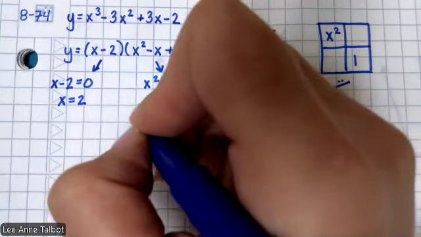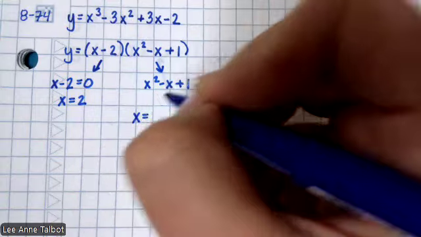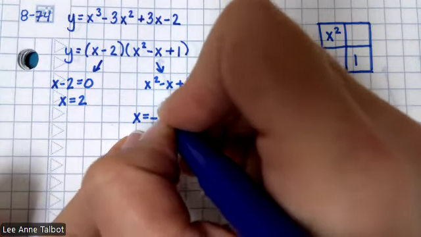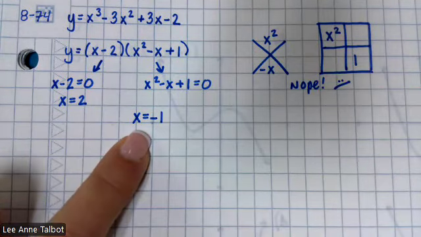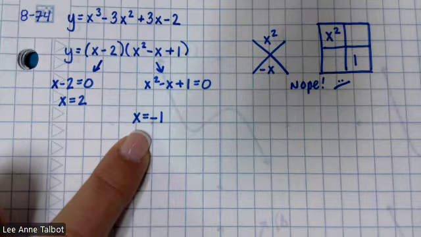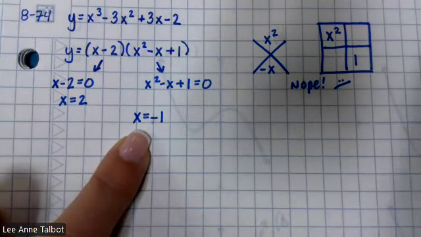What do we do when we can't factor? Quadratic formula. Oh, yay. X equals negative b. That's actually going to be a positive. Hold on. Perhaps I should have written the formula out. Perhaps I should find my whiteout. It's over here.